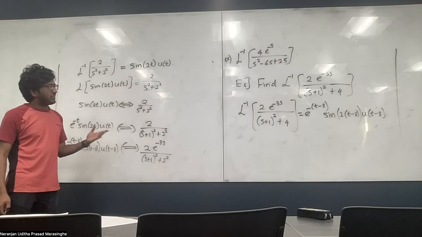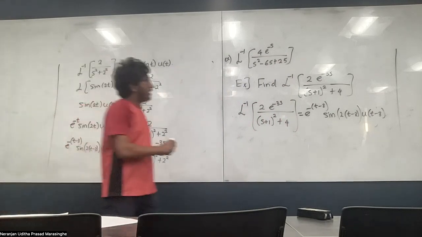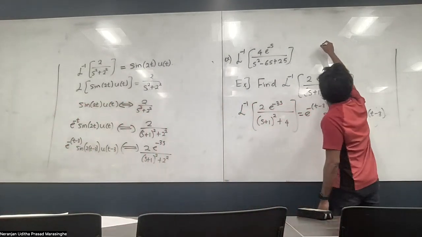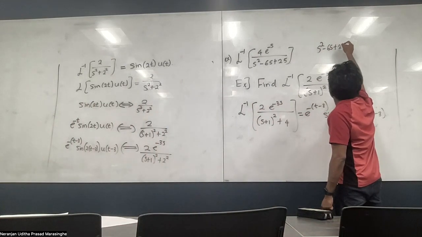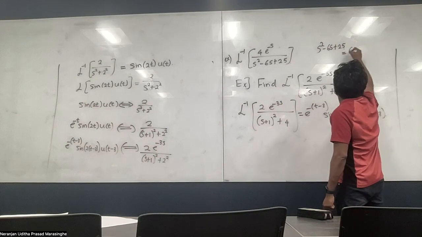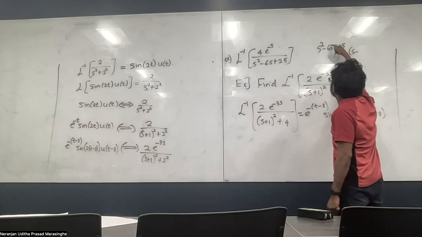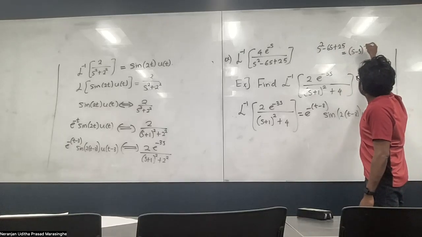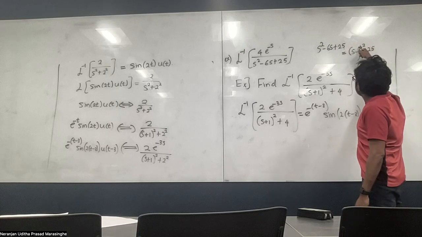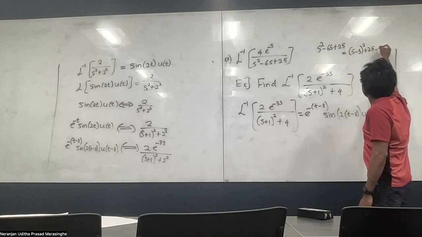You have to use the completing square method. So I will show how to do completing square. You have s square minus 6 times s plus 25. This is equal to s minus, divide this minus 6 by 2, then you would get minus 3. s minus 3 square plus 25, then subtract the square of this negative 3.